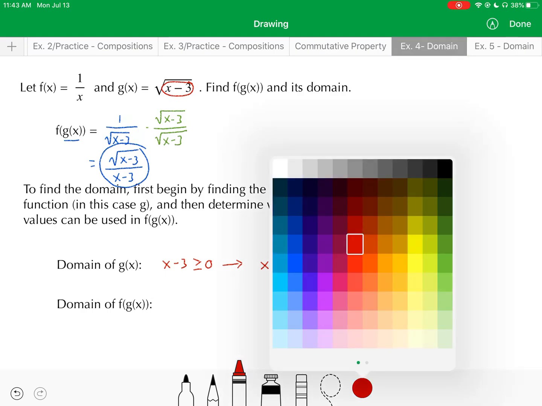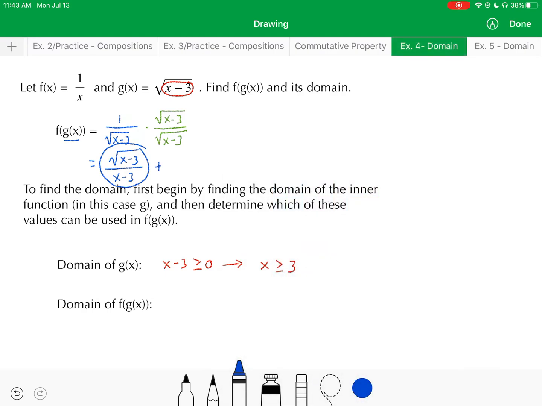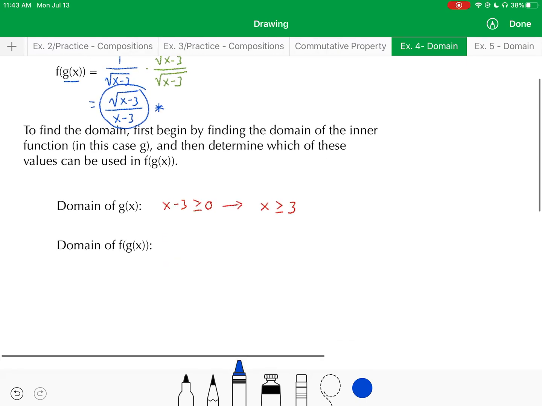Because if I were to plug in 3 for x, it would zero out the denominator, which means you wouldn't have a result for the overall composition. So the domain needs to change for the overall composition to be any number just greater than 3.